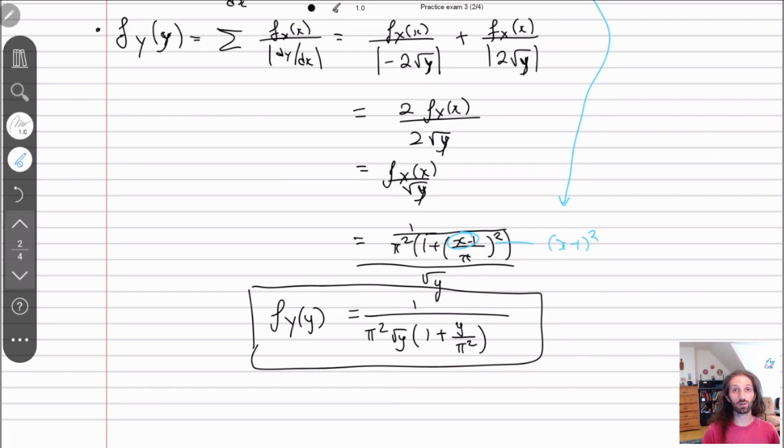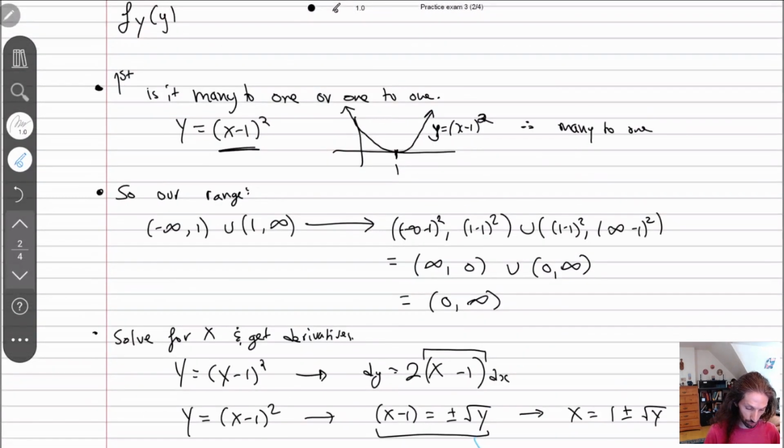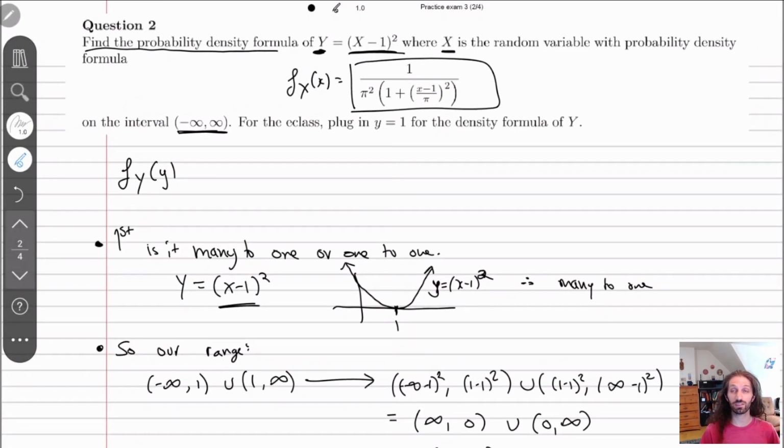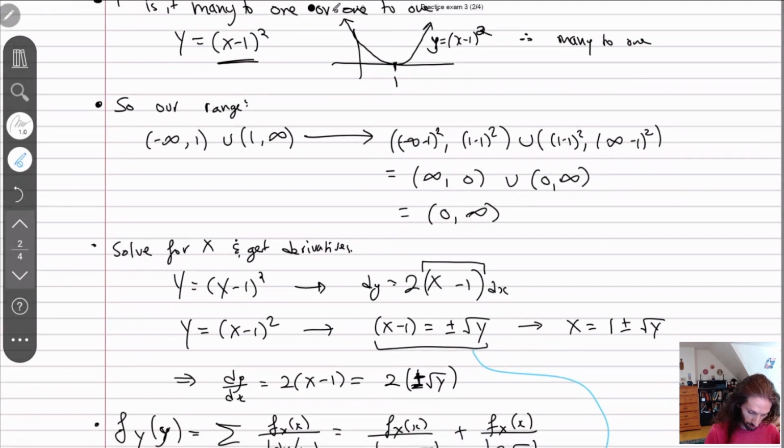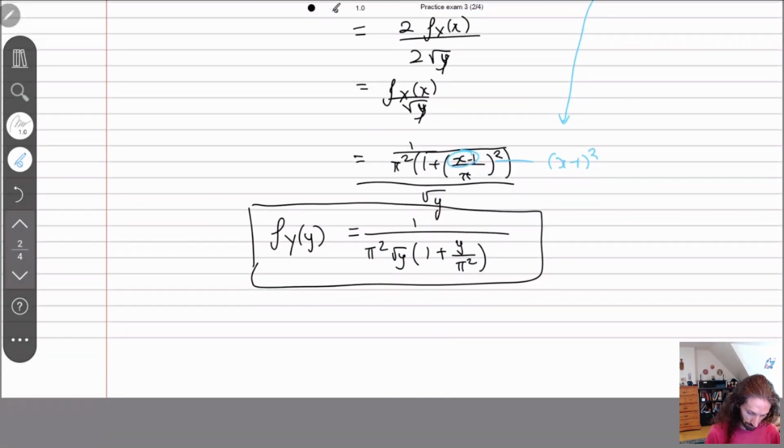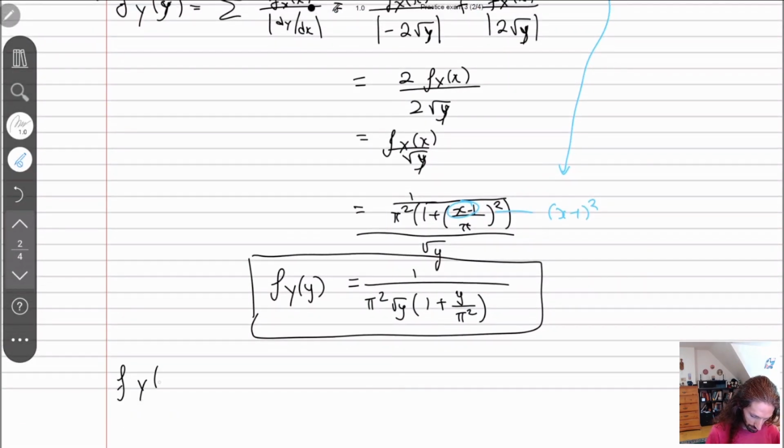Now, obviously, I don't want you to plug this into eClass. That's a little bit difficult to plug in. So for eClass, and you still need to give this solution in CrowdMark as well, remember, you have to give both. You're going to plug in y equals 1 and give me that number. So you take this, you plug in 1, and you figure out what this number is.